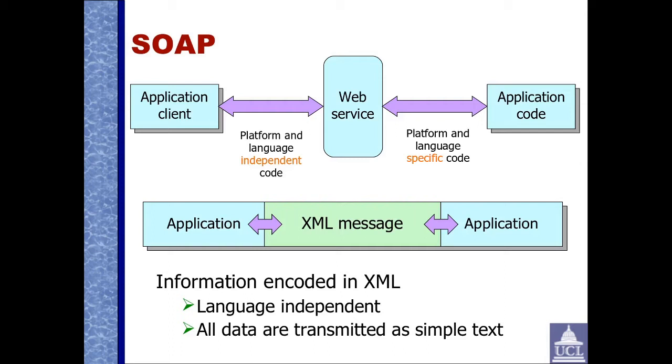So SOAP is the idea of having some sort of application client talking over a web service to application code. And the thing that's kind of special about this is that the two applications, the client end and the code end, talk to each other using messages in XML. So the information is encoded in XML, and the advantage of that is that it is language independent and all the data are transmitted as simple text.